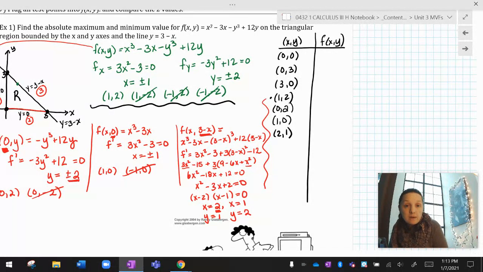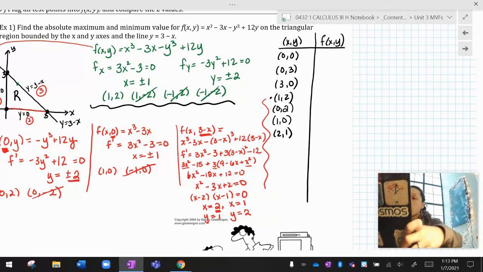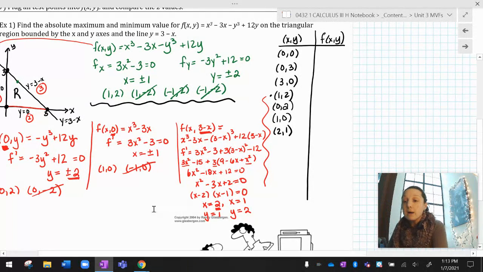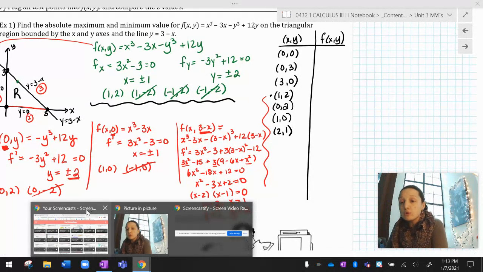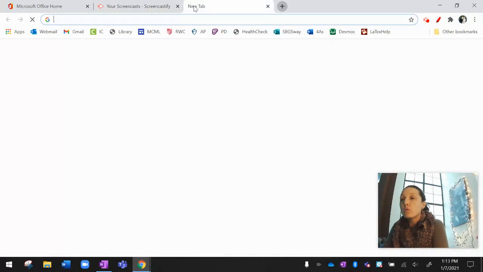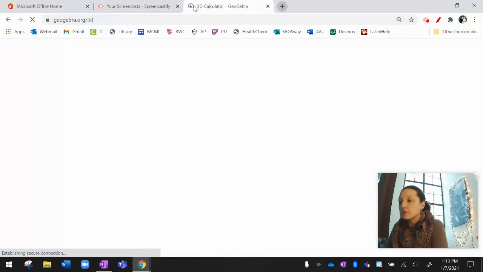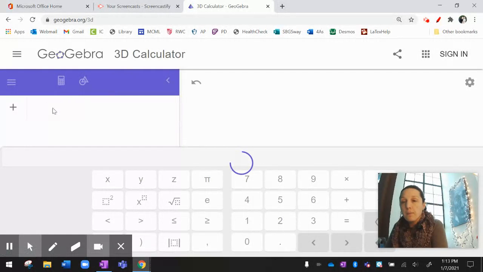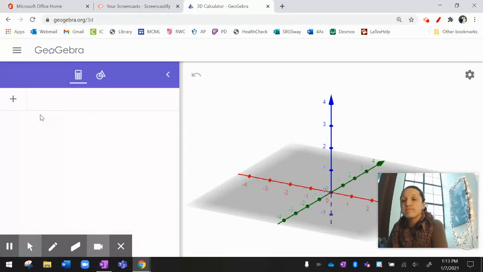All right. I am going to now plug these back into the function, but thank you, GeoGebra, it can do that for me. So I am going to bring up GeoGebra slowly. There we go.